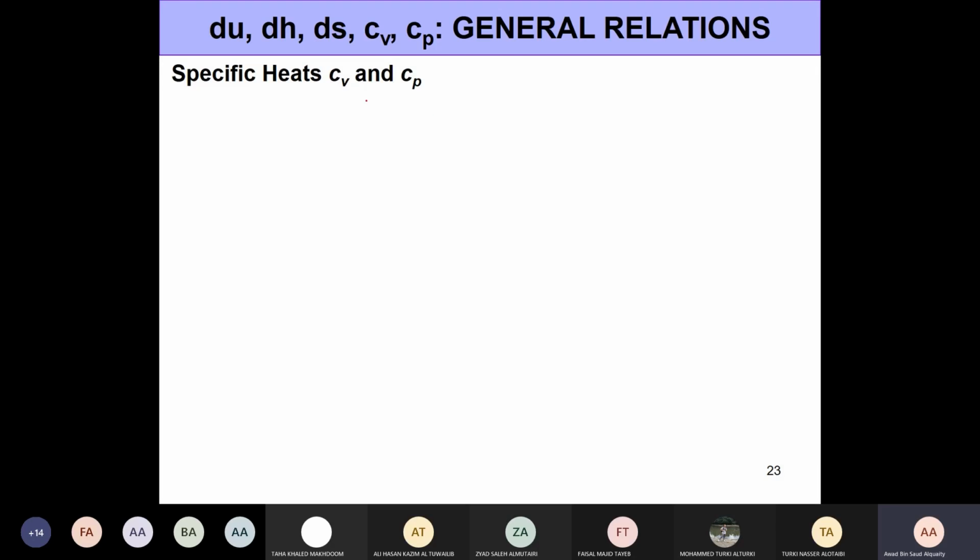We were discussing specific heats, and when we talk about specific heats or any of these formulas for changes in internal energy, enthalpy, or entropy, we need to remember that the relations we came up with in the last class apply only when we are dealing with a single phase.